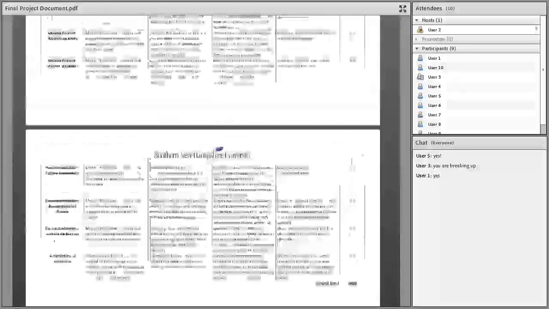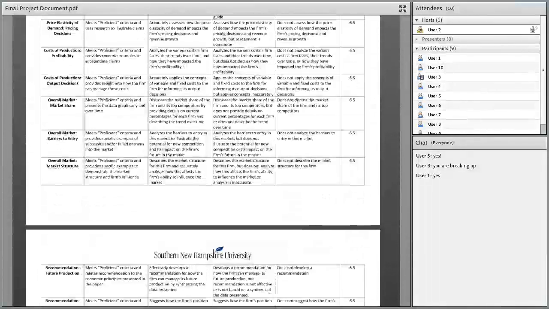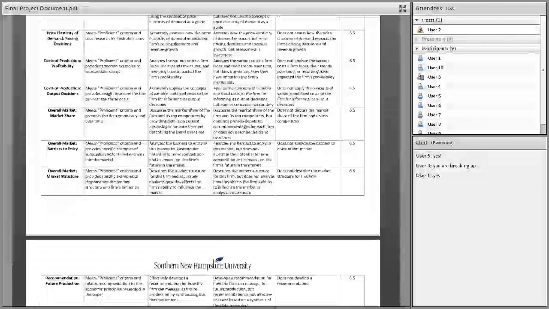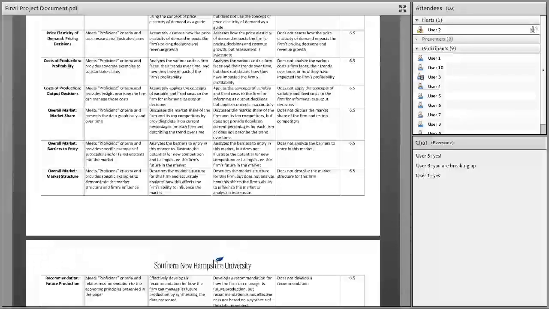In milestone 3, you had to go over the costs of production. Let me center it. The mouse doesn't work very well. Okay. The cost of production, you analyzed the various costs of the firm. If you remember, you analyzed the costs of goods sold and how it impacted the firm's profitability.